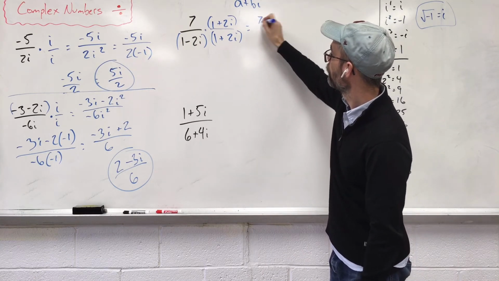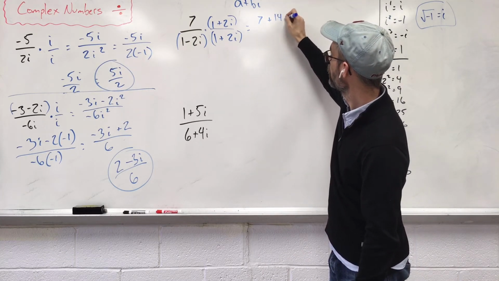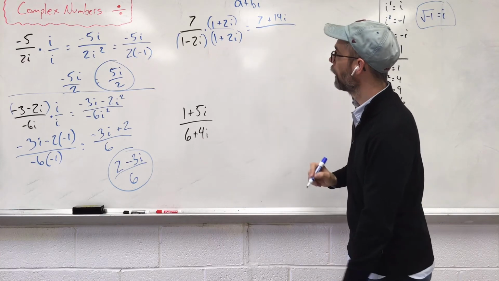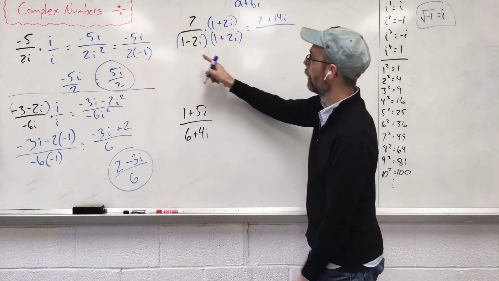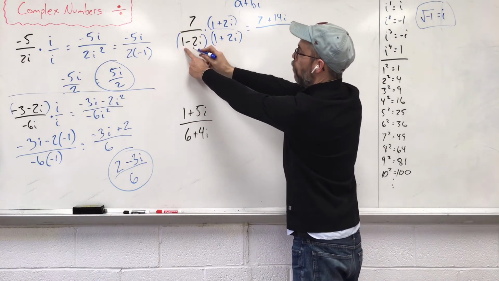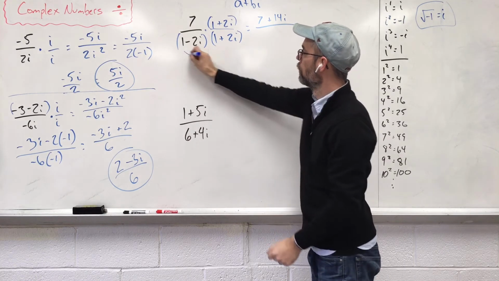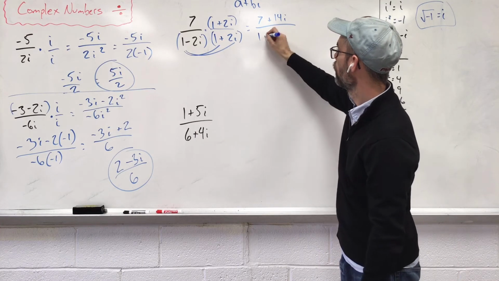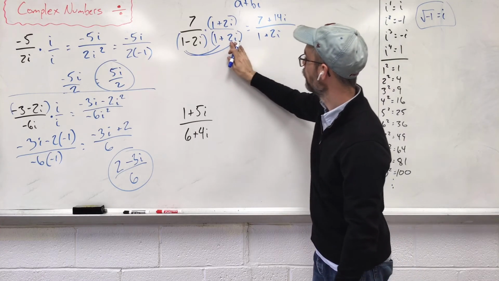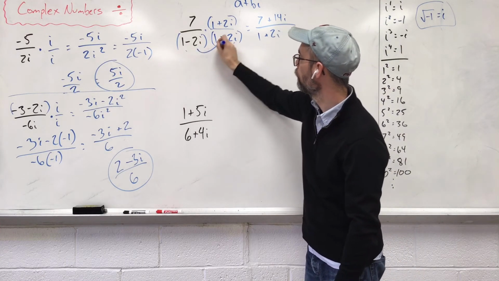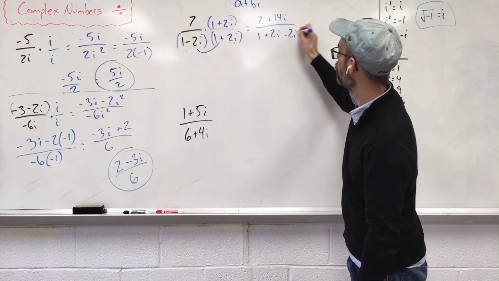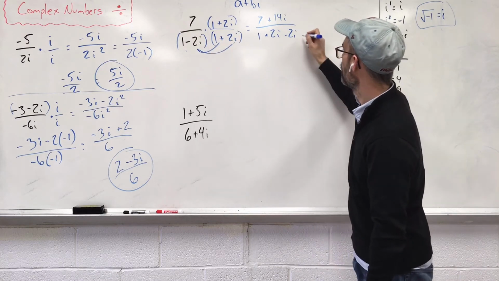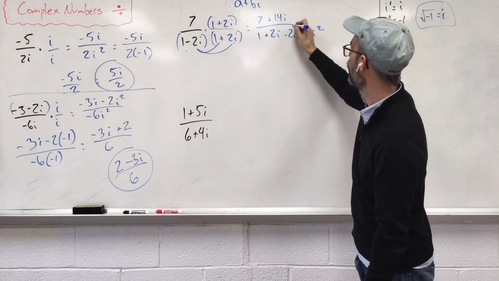Up top, you're going to have 7 and 14i. On the bottom, if I distribute this 1, I'm going to say 1 times 1, giving me a 1. 1 times 2i, positive 2i. Let's distribute again, but the negative, we're going to say negative 2i and negative 4i squared.